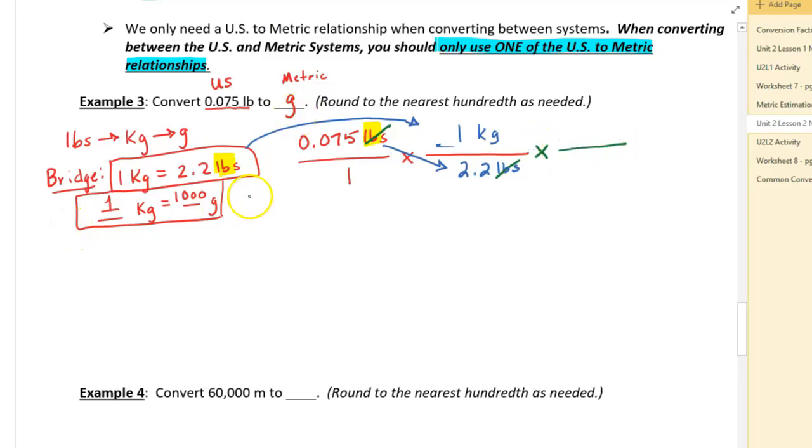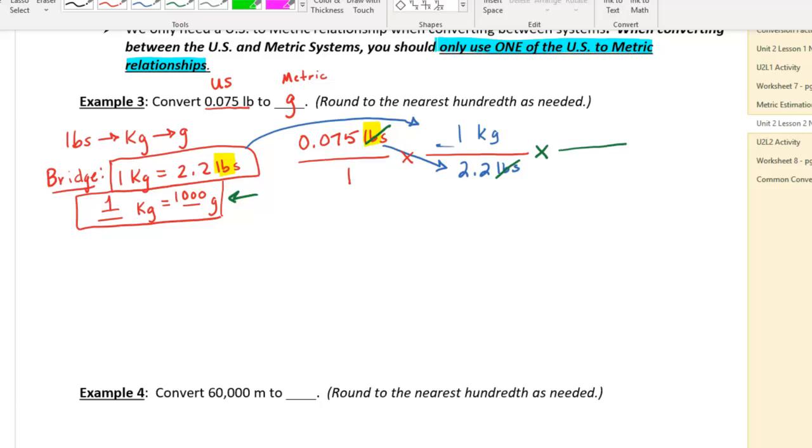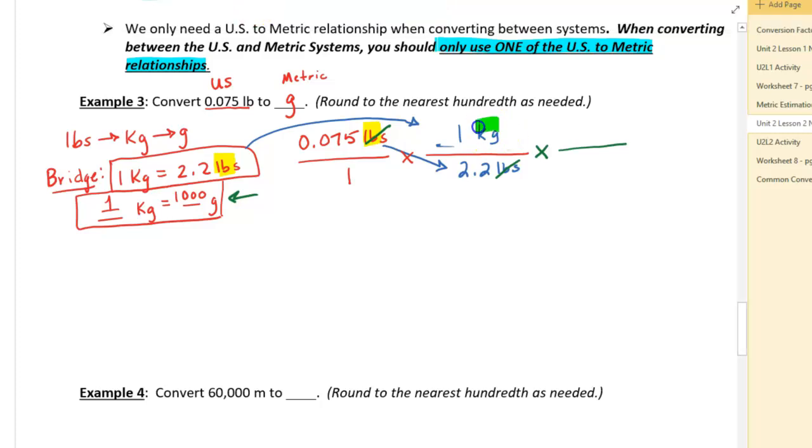So we're going to pick up this piece next because it has kilograms in it. And we're going to put kilograms in the bottom so they'll cancel out. So my 1 kilogram is going to go in the bottom, and my 1,000 grams is going to go on top.